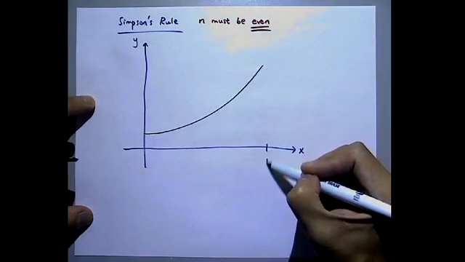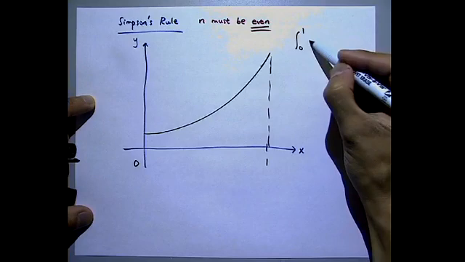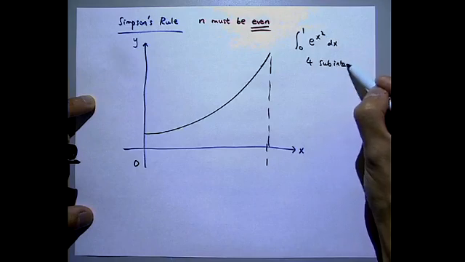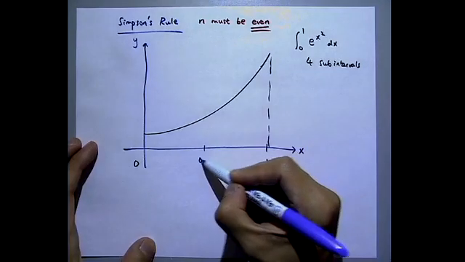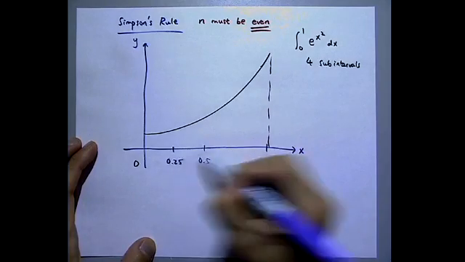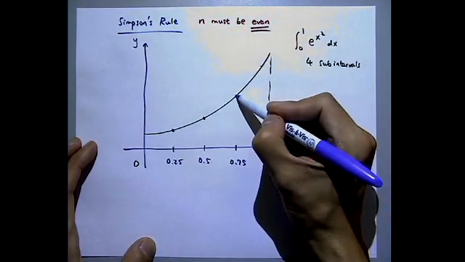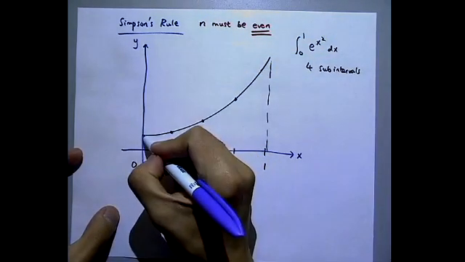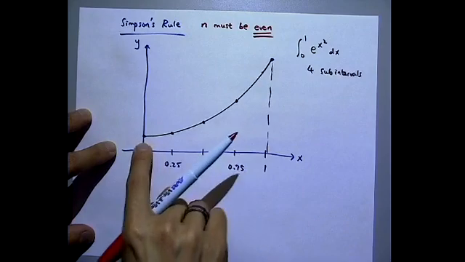So same shape. What Simpson's rule is attempting to do is to fit a parabola through 3 points.